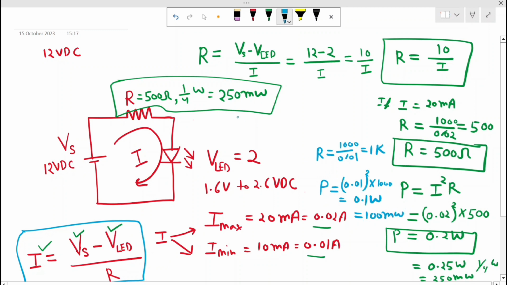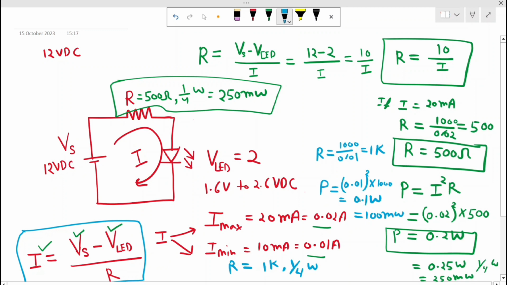So in this second condition, when the current is 10 milliampere, your resistance value is equal to 1k, and you choose the same 1/4 watt resistor, so that it will easily work, with no heating, and your system will operate very correctly. So in this manner you can calculate.